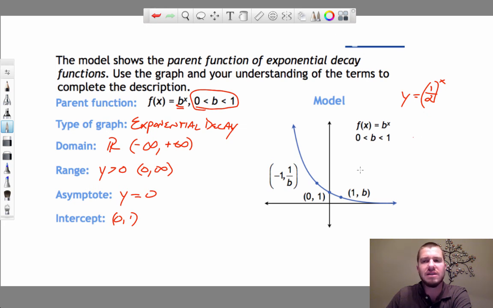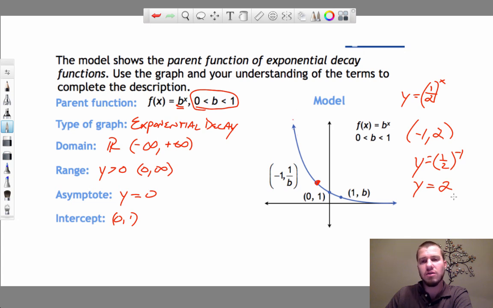So in this case, when you plug in -1 here, that's going to make y equal 2. So I would have the point (-1, 2), which would be up here. And then the right side would be (1, b) still. So these points are still the same: (-1, 1/b), (0, 1), and (1, b).